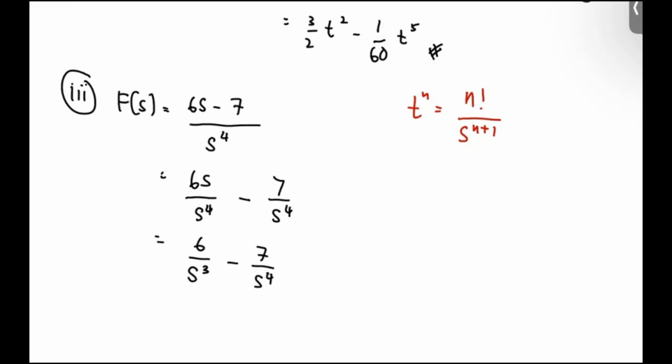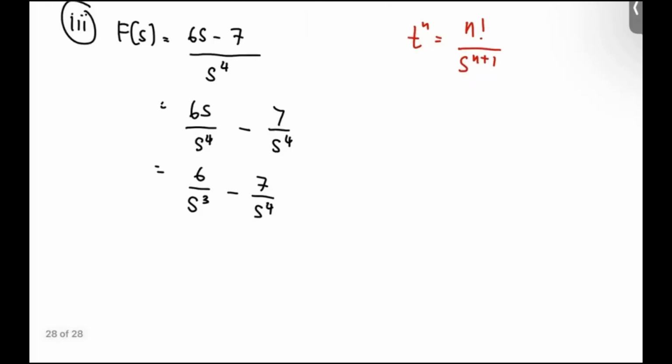Now it resembles t to the power of n. So you need to rearrange so that you can find n factorial here. Here's supposed to be 2 plus 1, here's supposed to be 3 plus 1. So by using this information, now let's rewrite as inverse Laplace of 6 over s cubed minus 7 over s to the power of 4.